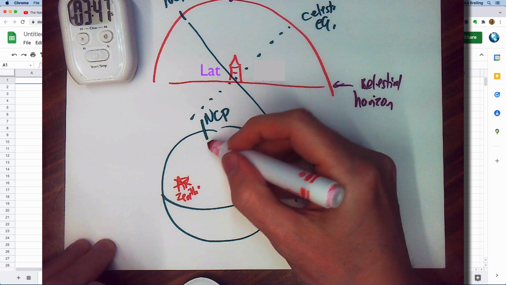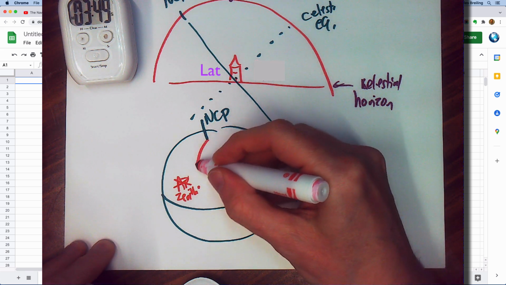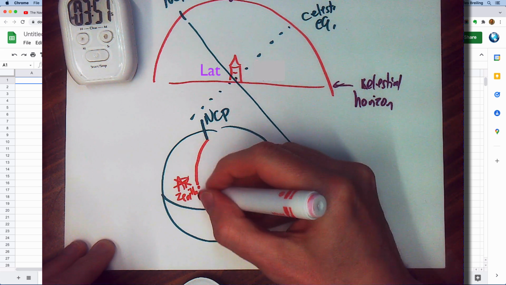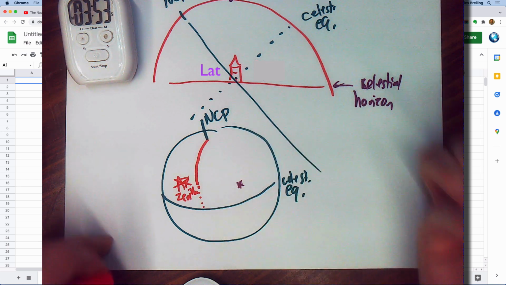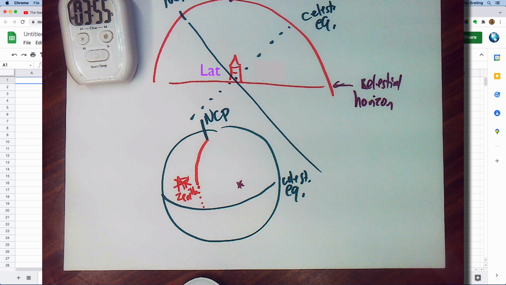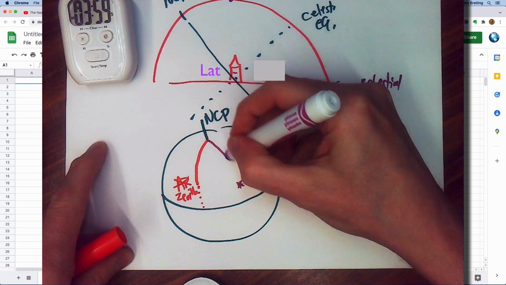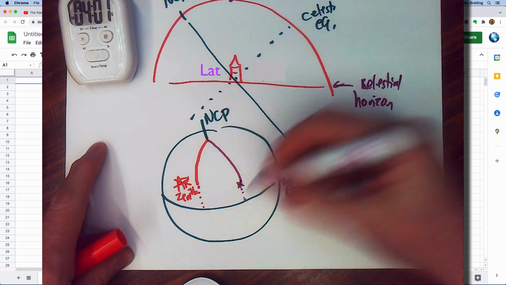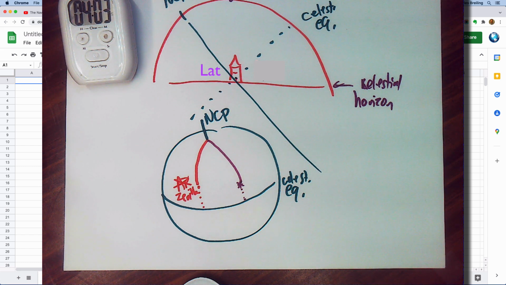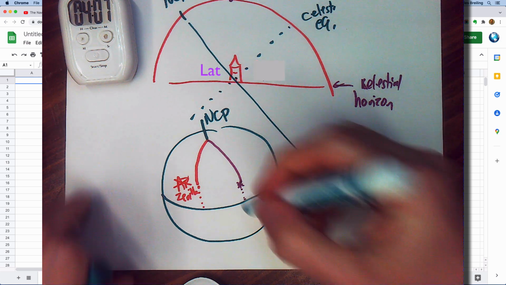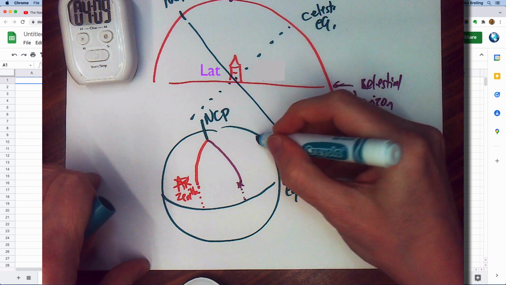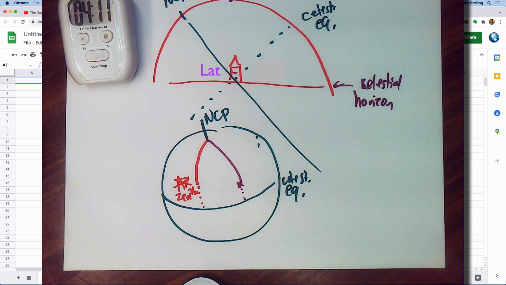And we can actually start drawing lines. So you can draw a line to the north celestial pole, and then there's going to be this other component. And we can also draw a line down to the body, and then down to the celestial equator. But we're actually sighting in with our sextant. So I'm going to pick a slightly different color so it can show up a little better.